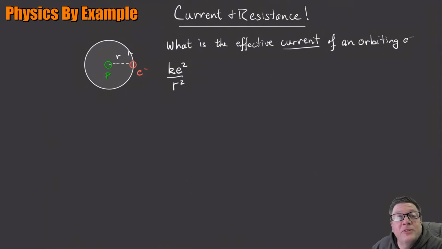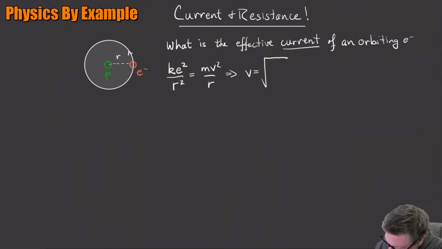So this equals the mass of the electron times v squared over r, because it's in circular motion. That's the centripetal acceleration. So the speed of the electron must be v equals the square root of k e squared over m r, if you cancel stuff out.